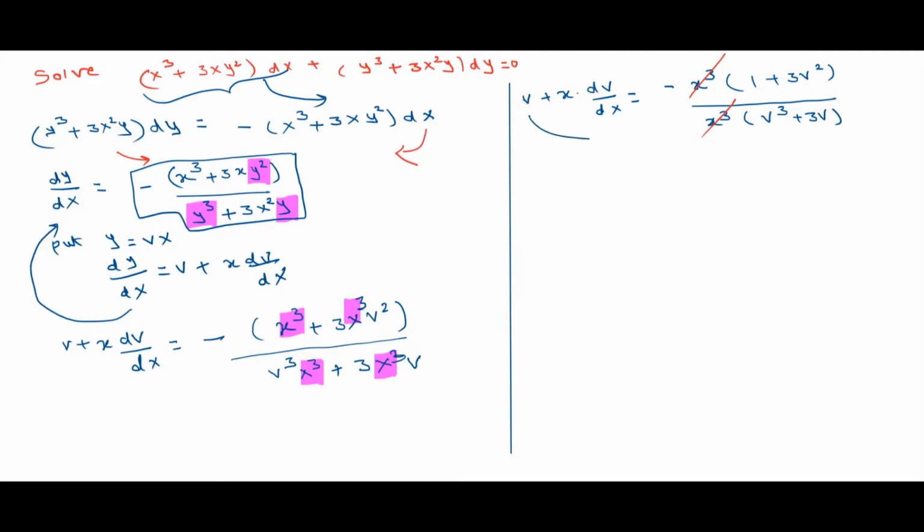Now transpose this v to the right hand side, so x into dv divided by dx is equal to minus (1 plus 3v square) divided by (v cube plus 3v), and transpose v to the right hand side means you will get minus v.